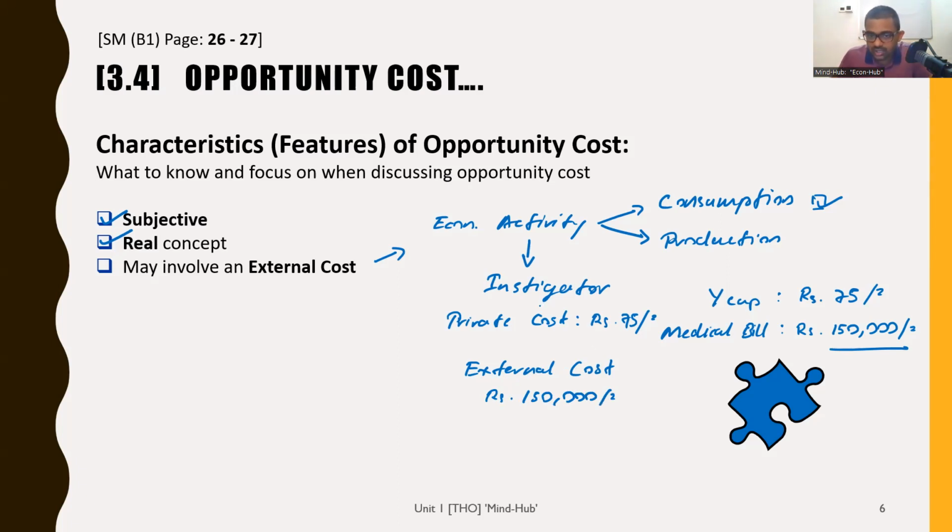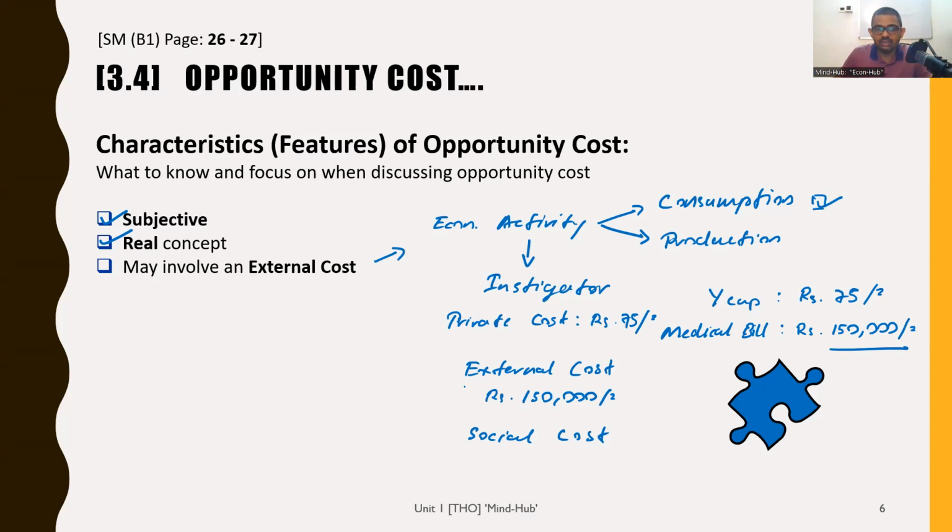So the cost to the instigator and the cost to the external party, both together, is what we call the cost to the society. We call it the social cost. What is the social cost? That is the answer you get here as well. Very good. The social cost is 75 plus 150,000.